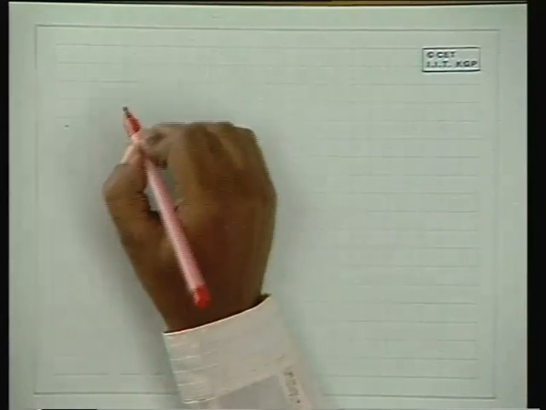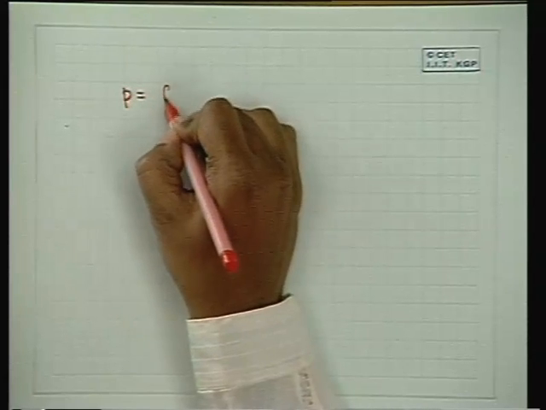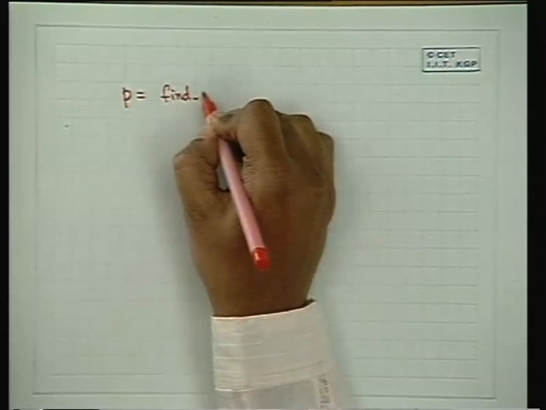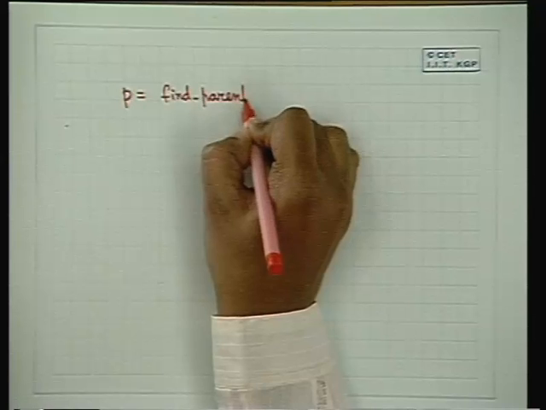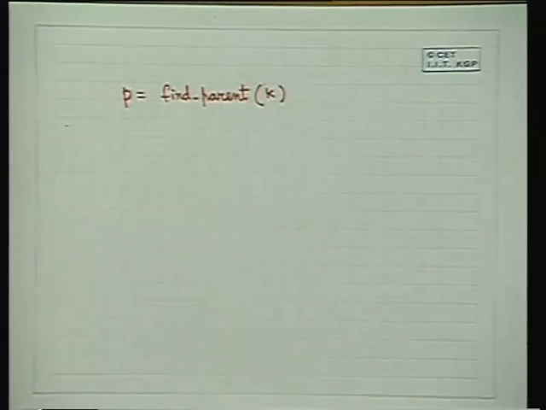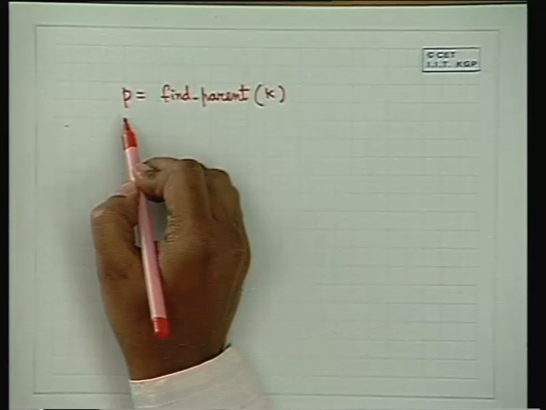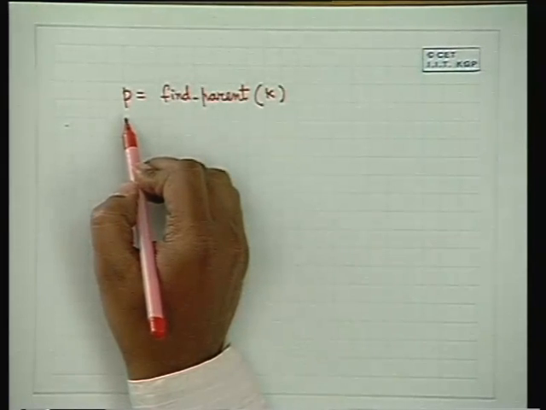So what is the basic insertion routine? Insertion first will be P equal to find. Given a value, you will find the parent, the pointer to the parent, right?